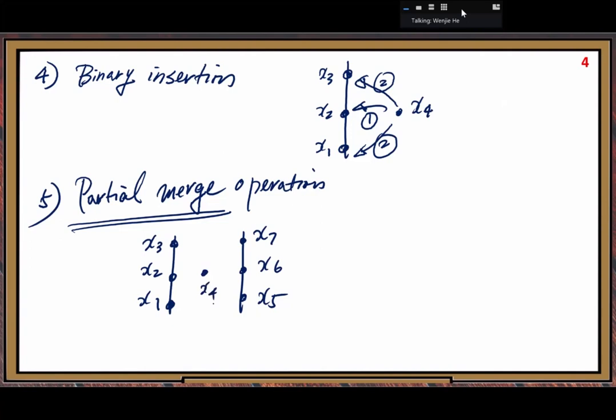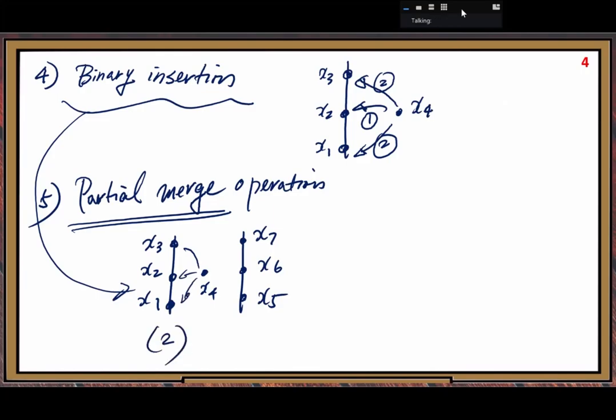First, can we apply binary insertion to insert x4 into the first ordered array with two comparisons? So that's an existing result. After that, we get a new ordered array.